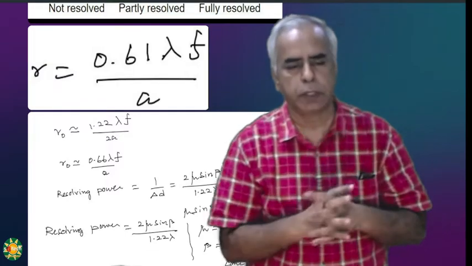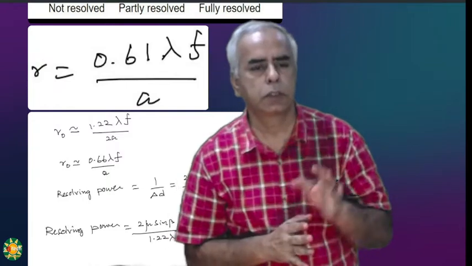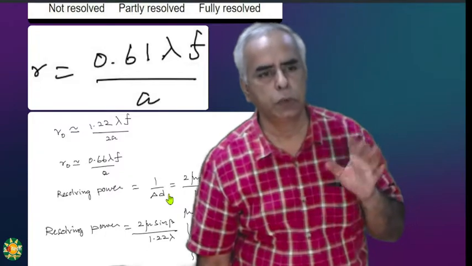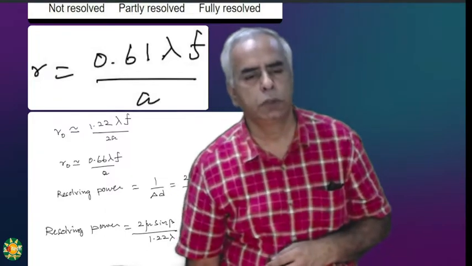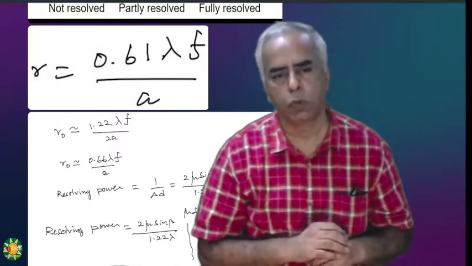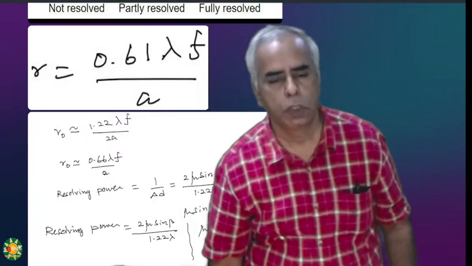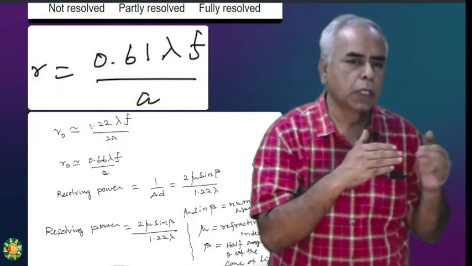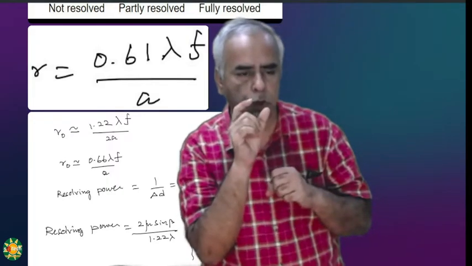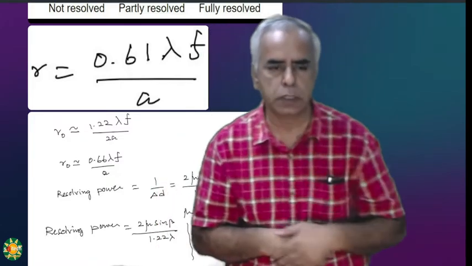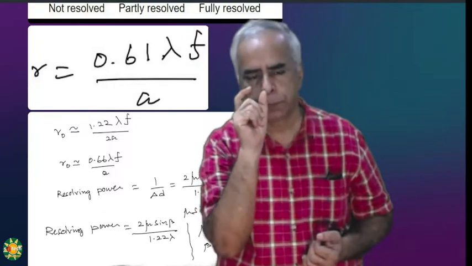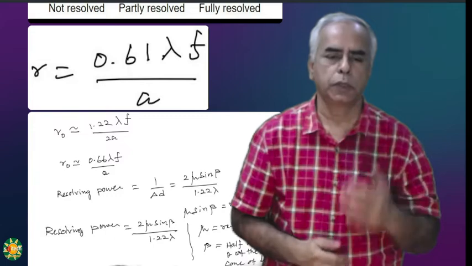So the resolving power in this case is 1 divided by lambda into D, that is equal to 2 into mu sine beta whole divided by 1.22 lambda.